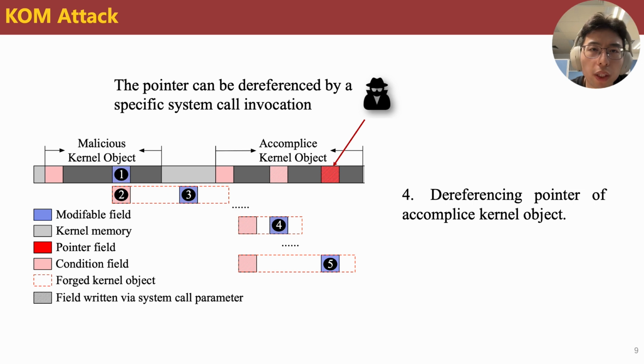Once the target pointer is overwritten to point to sensitive data, and the condition fields of the accomplice kernel object are adjusted accordingly, the pointer can then be dereferenced through a system call.